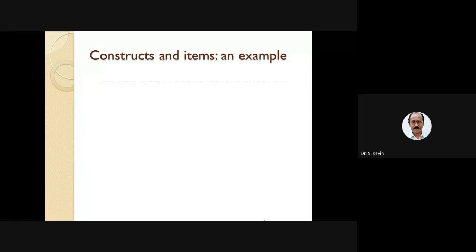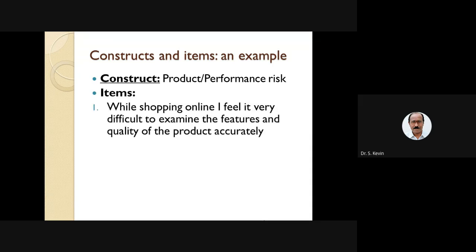One more example, product or performance risk is a construct. So you have some elements regarding the product or performance risk. We can convert it into statements like, while shopping online, I feel it very difficult to examine the features and quality. In a shop, I can directly examine the features and quality of the product by looking at it, touching it, and so on.